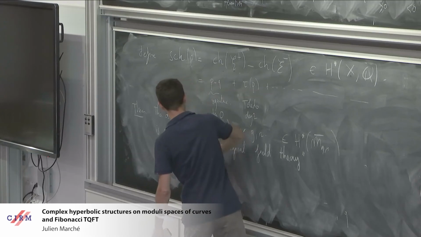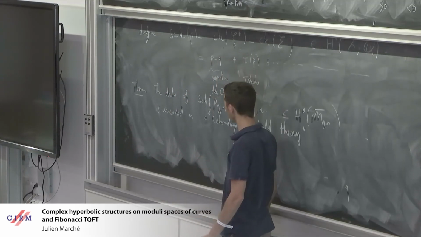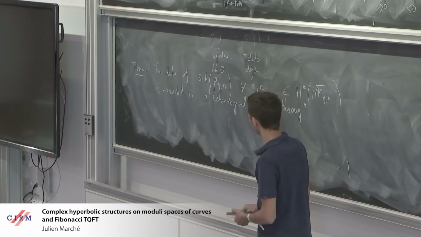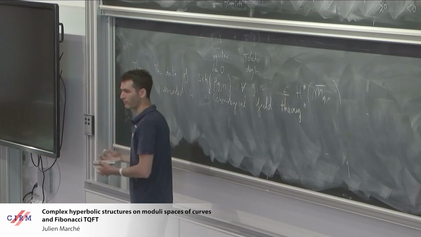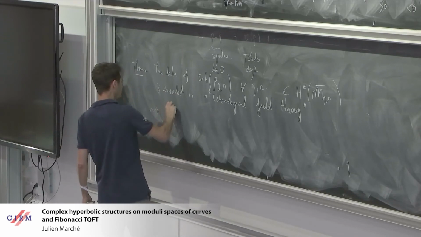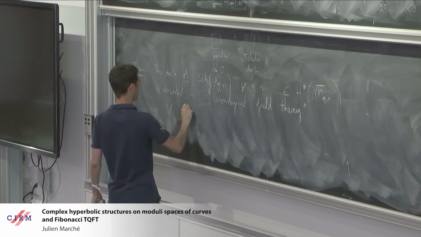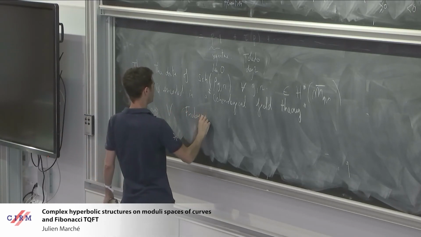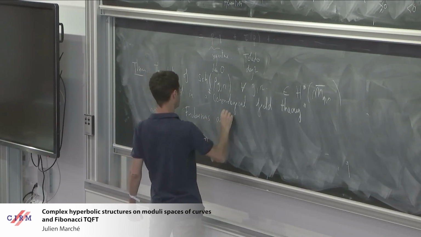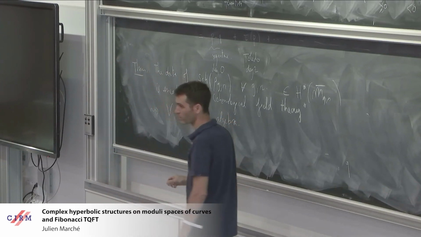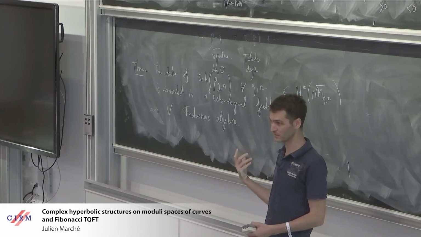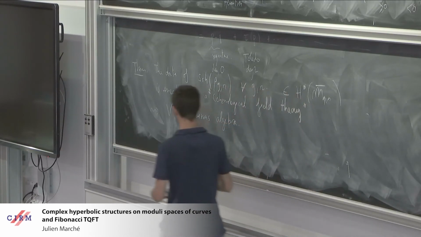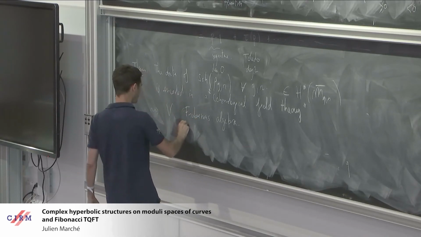Clearly I don't have time to explain what a cohomological field theory is, but at first it's an algebra V, which is called a Frobenius algebra. You saw these Frobenius algebras in the examples I gave you. I had two cases.